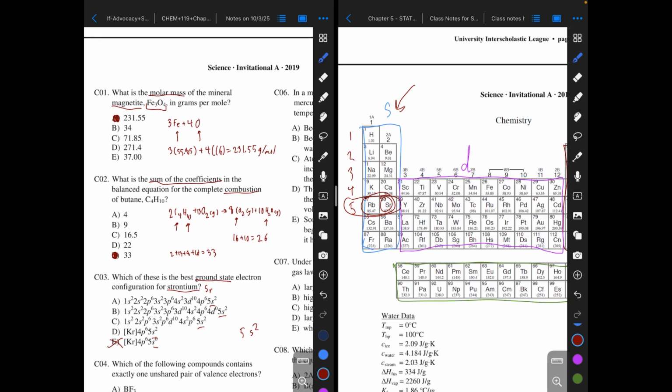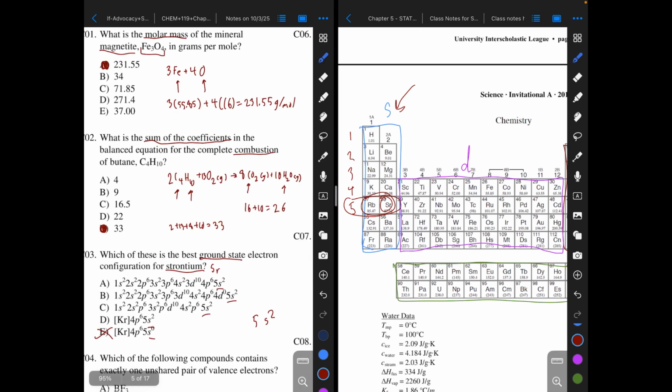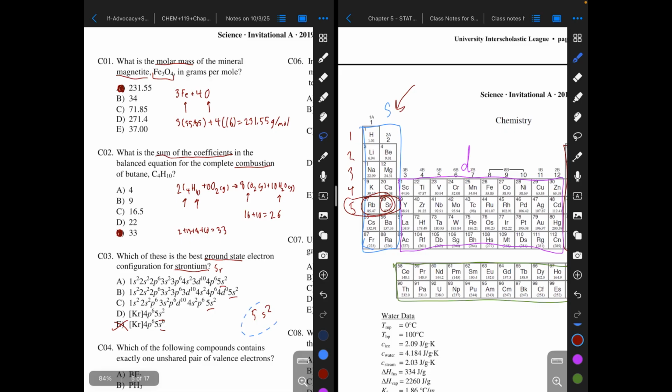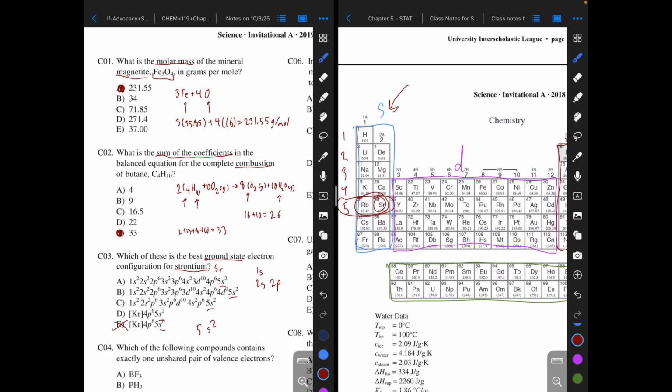What you need to know now is the electron configuration chart that you should be expected to memorize. It starts off with 1s, because 1s is hydrogen and helium. 2s, lithium, beryllium. 2p is from boron to neon.